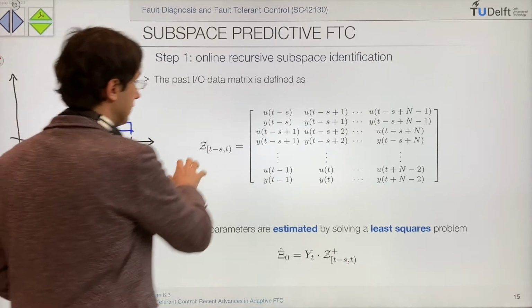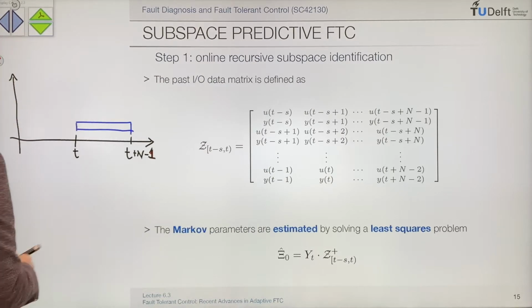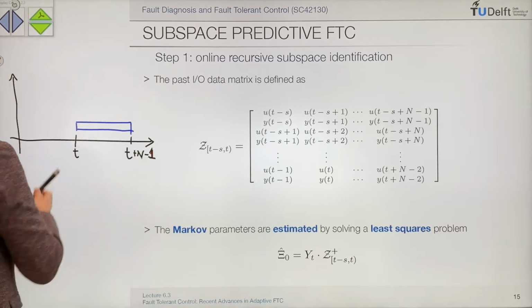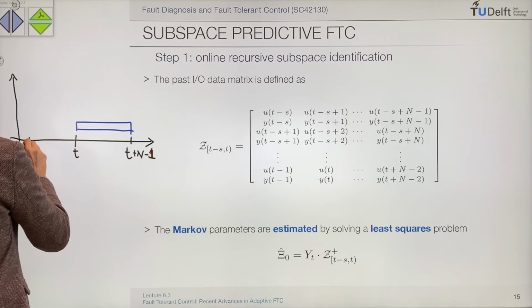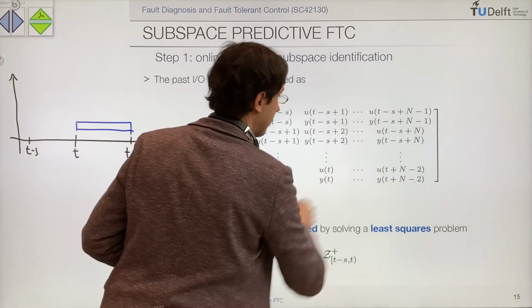And these other data matrices, we said, are from t minus s to t, basically the same, but here you have a minus 2.